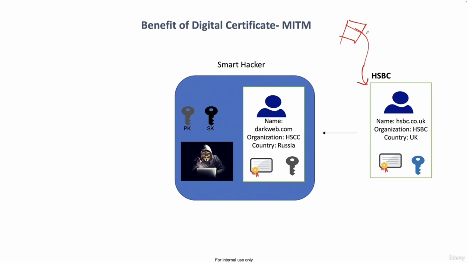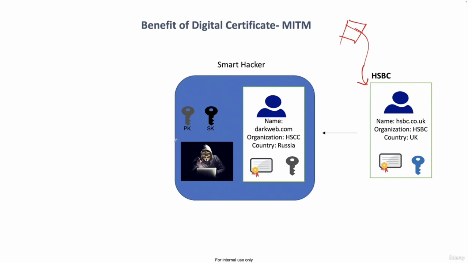Now what happens? Let's say there is a smart hacker sitting somewhere in Russia, and the hacker thinks, okay, let me grab this certificate, let me create my own certificate and send it back to the client, so that I start imitating hsbc.co.uk, right? So he will just create a fake certificate.